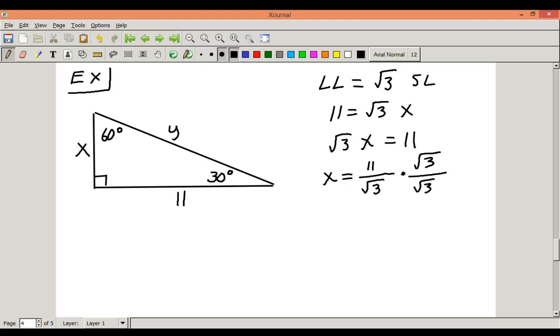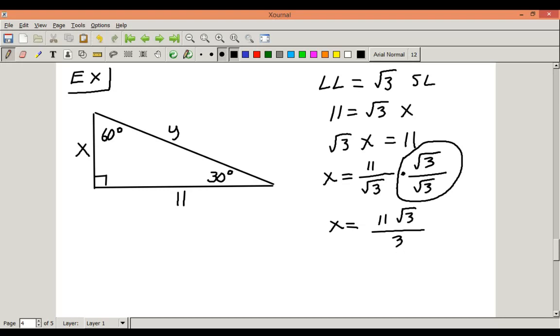That is what gets multiplied by the top and bottom. Because remember, this is just another name for 1. So you're not changing the number, you're just making it look different. And so if we multiply straight across, we're going to have 11 radical 3 for the numerator. And remember that radical 3 times radical 3 is really radical 9, which is just 3. So we've successfully gotten rid of that radical in the denominator.